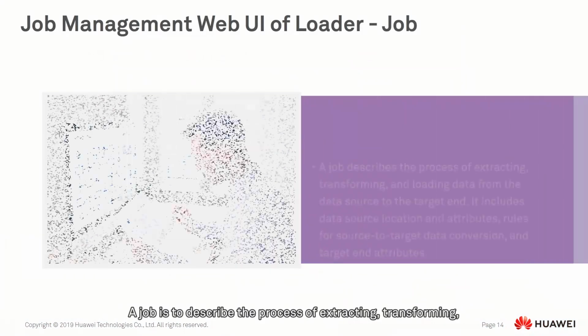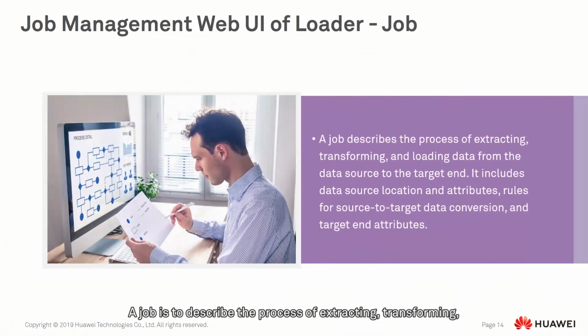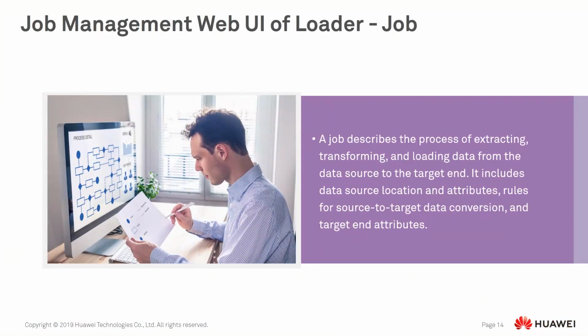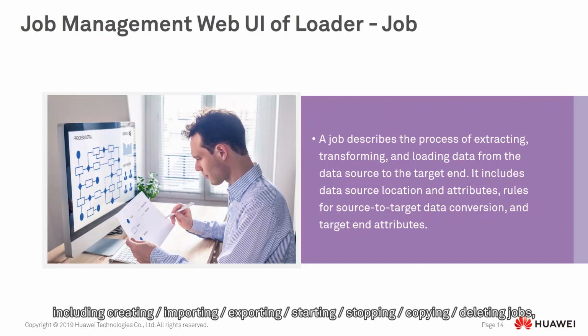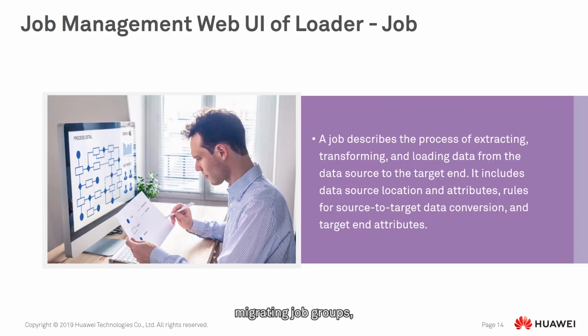A job describes the process of extracting, transforming, and loading data from the data source to the target end. Loader provides many functions to manage job-related operations, including creating, importing, exporting, starting, stopping, copying, and deleting jobs, migrating job groups, deleting jobs in batches, and viewing job history.